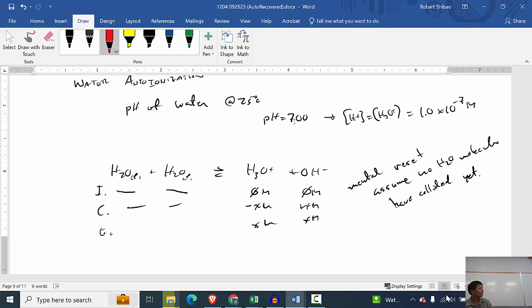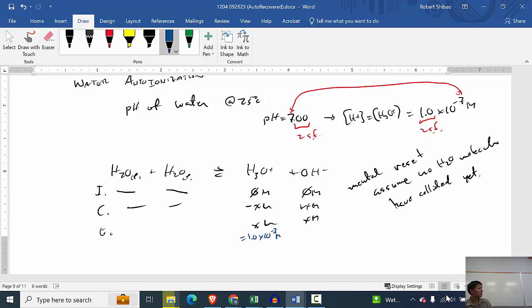And so what we see here is this is what we call 2 sig figs, and this is the power here. And so we end up with 2 sig figs here. And so that's why I put 1.0 in the front here. And so this comes out to 1.0 times 10 to the minus 7 molar.